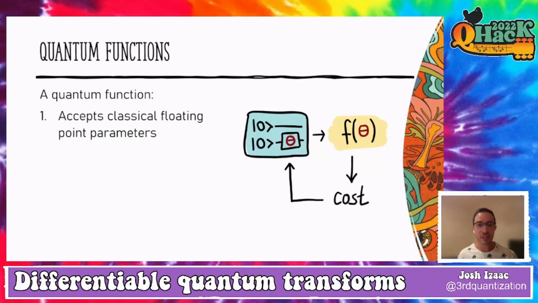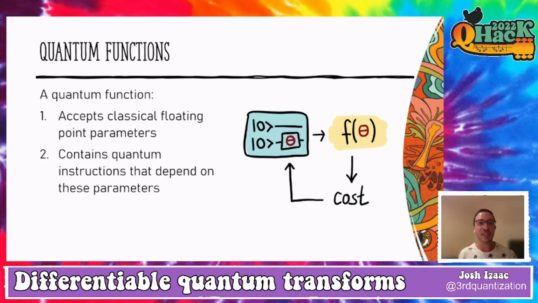A quantum function is like any other Python function. It's a function that you define in Python and it accepts, in this particular case, classical floating point parameters. What makes a quantum function quantum is that inside it there are quantum instructions. These could be gates, they could be measurements, and they depend on these floating point parameters that you pass into your quantum function.